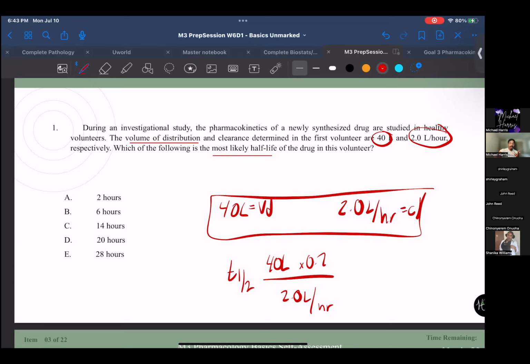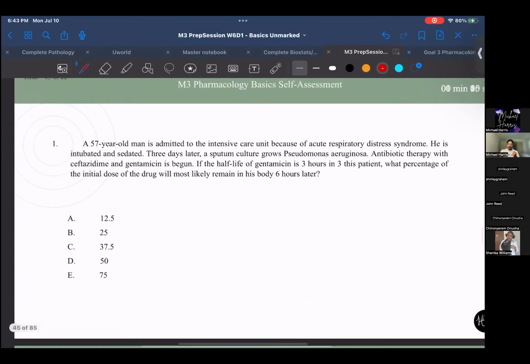Now, did anyone calculate it out? Tell me what the answer is so I can clarify for you, see how well you did on your end. Yes, perfect. See, good stuff. 14 hours.